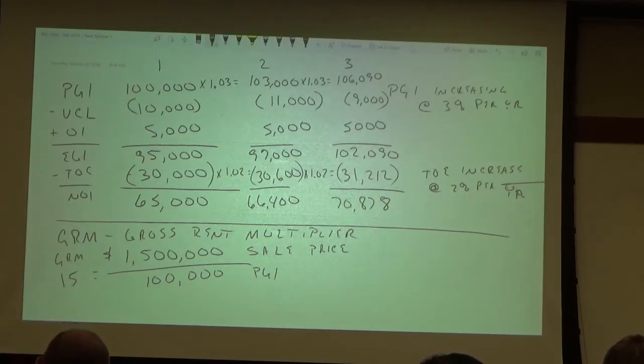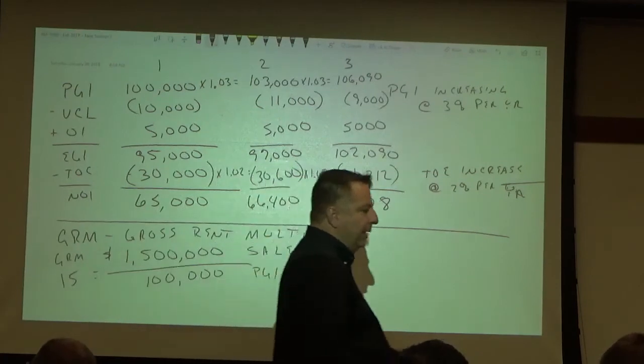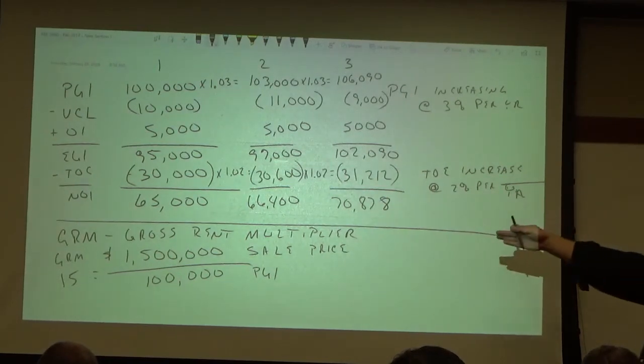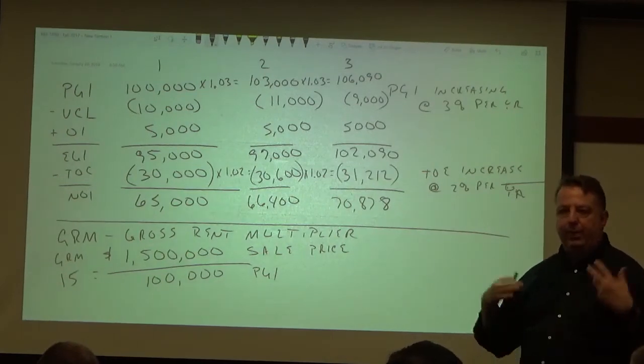So what that's basically saying, on a very simple basis, is, and this is akin to what in finance when they talk about stocks selling as a multiple, like a price earnings multiple. Well, it's the same general concept here. You're simply saying this property, this investment, is selling at 15 times its gross income.